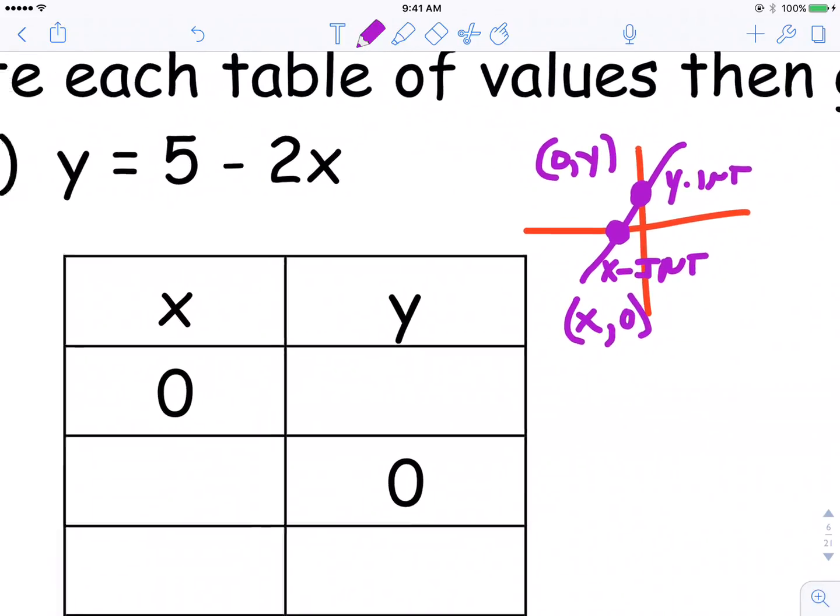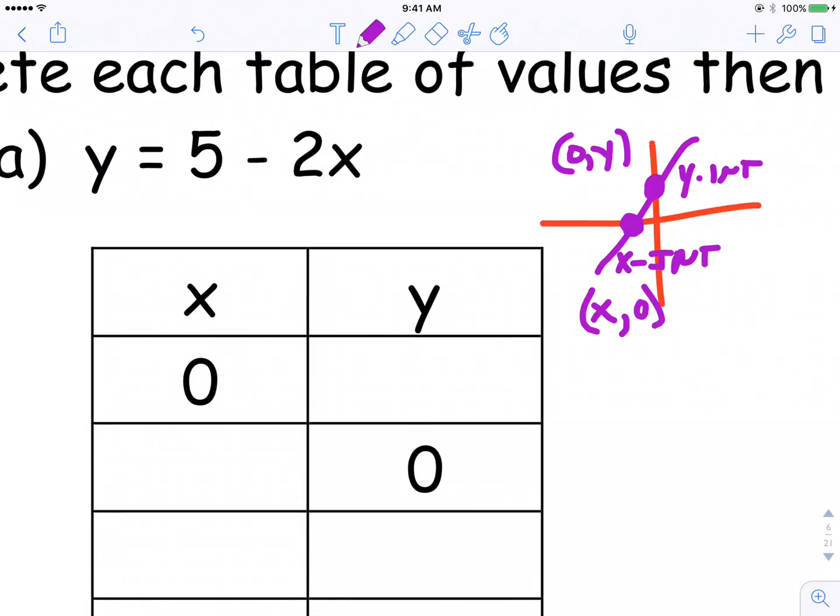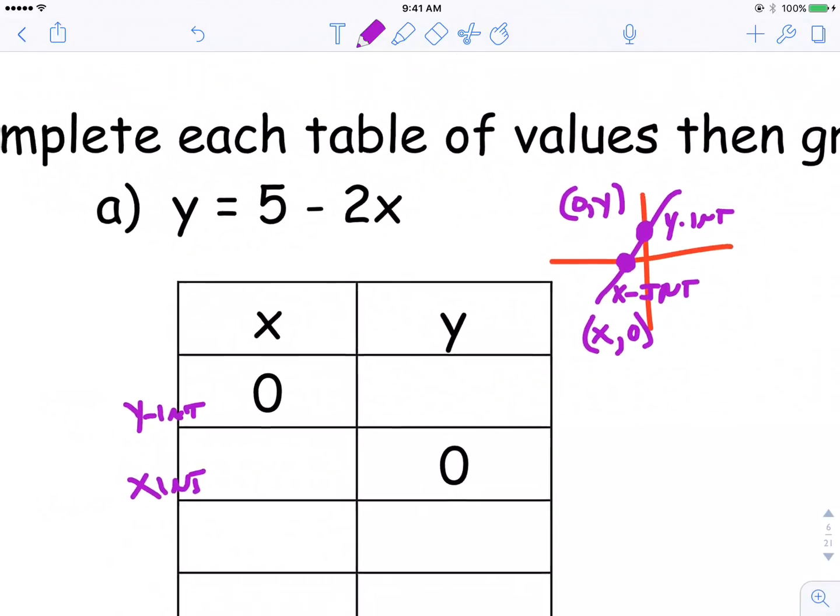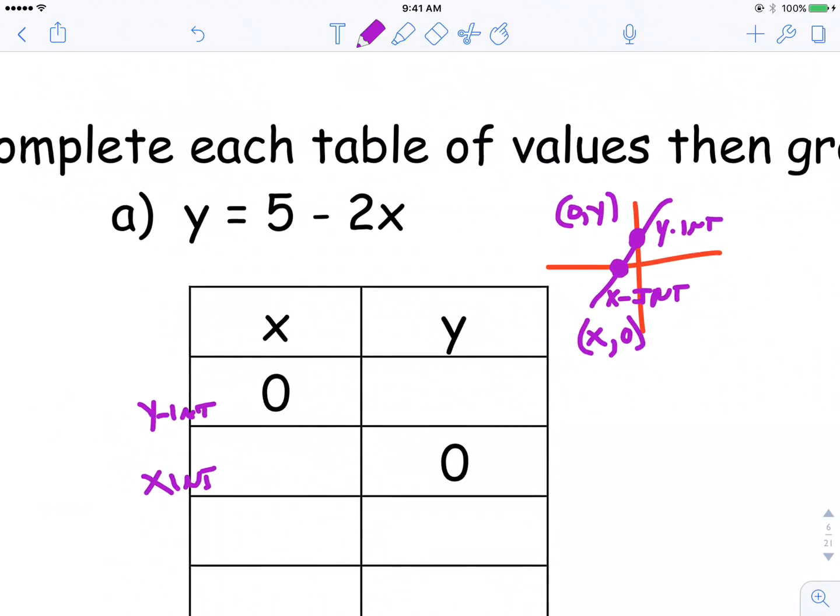So this one here is our x-intercept. This one here is our y-intercept. These are special points that, if you get proficient enough at graphing, if you can calculate both of those quickly, then you'll very easily be able to get your graph.